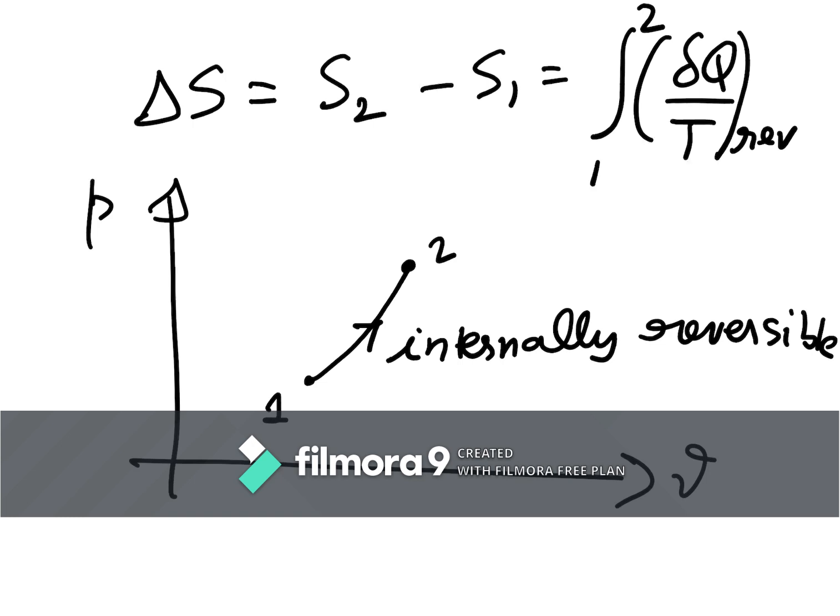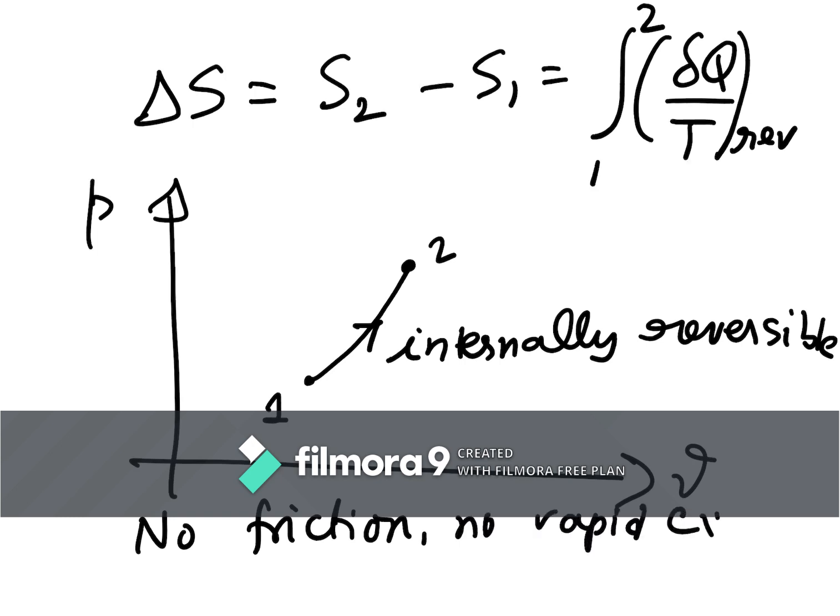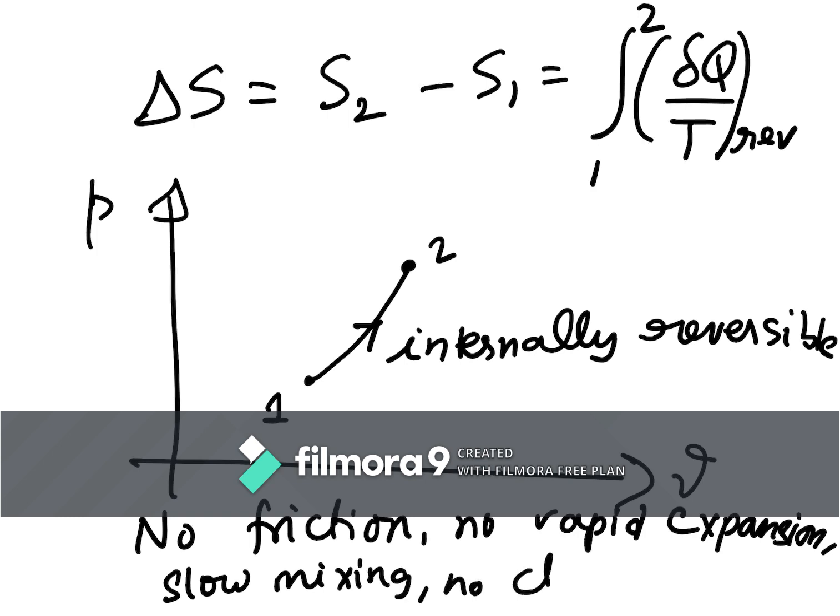Now remember, a process can be internally reversible only if there is no friction, no rapid expansion, no slow mixing, and no chemical changes or chemical reactions.